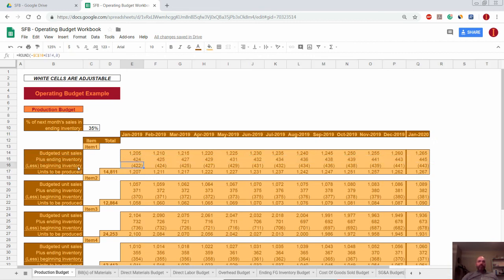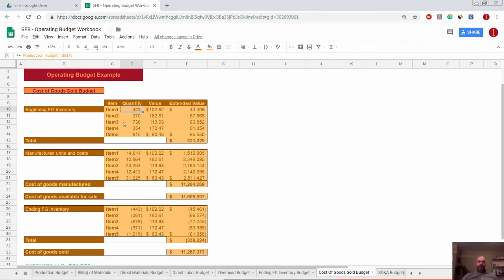See, beginning inventory. Now it's listed as negative here for the purposes of calculating this, but in this case it's positive. We got our value from the previous screen for each item. You'll see these are the same for beginning inventory, manufactured units, and ending inventory.